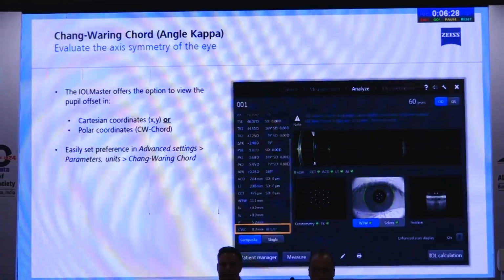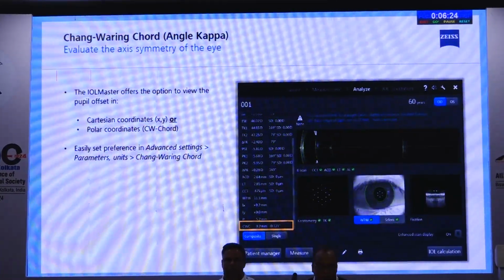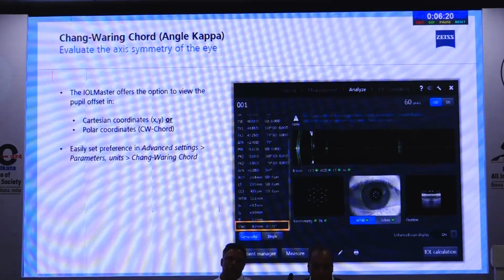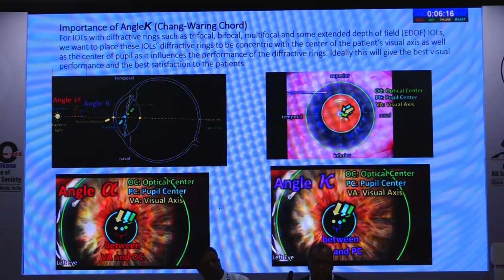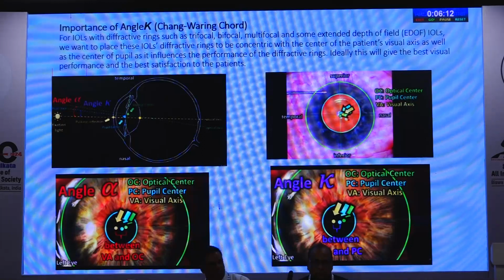Now there is another thing given in this machine, the CW-C, that is angle kappa, that is Chang-Waring Chord. It is the distance between the visual axis and the center of the pupil. It is important because we usually use IOLs with diffractive rings, like trifocal, bifocal, multifocal, and some extended depth of focus IOLs.